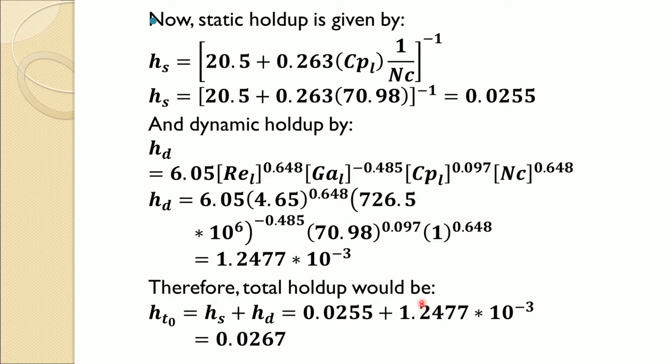Once you know all these non-dimensional quantities, you can substitute them into the correlation. For static holdup you get about 0.0255 meter cube per meter cube. Remember this unit is with respect to the packing volume. And for dynamic holdup you get 1.2 into 10 to the power minus 3.